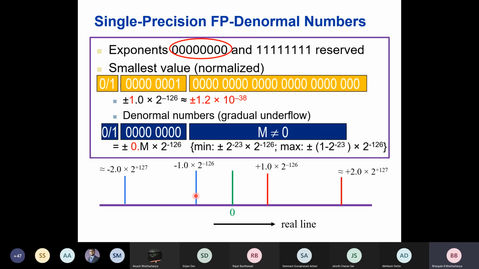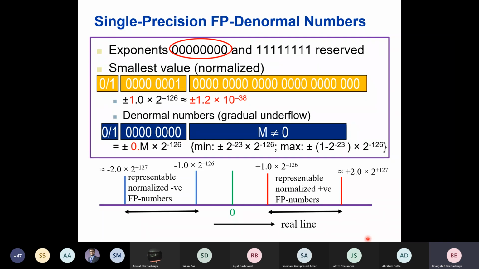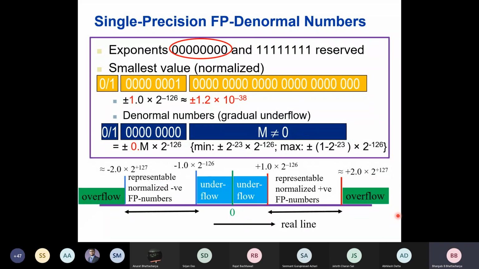This is the smallest representable number on the negative side, and so these are the representable normalized positive floating point numbers. These are the representable negative floating point numbers. This is negative overflow, this is positive overflow, and these are underflow ranges, right? So these are overflow, and this is underflow, but denormalization allows me to represent some numbers even within this range.